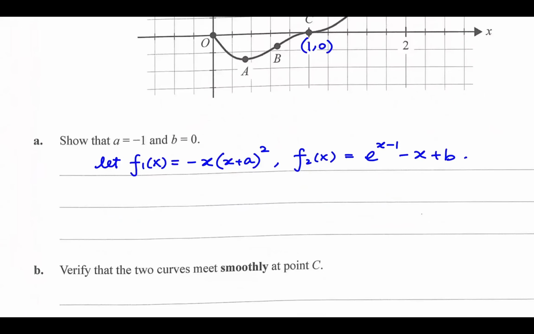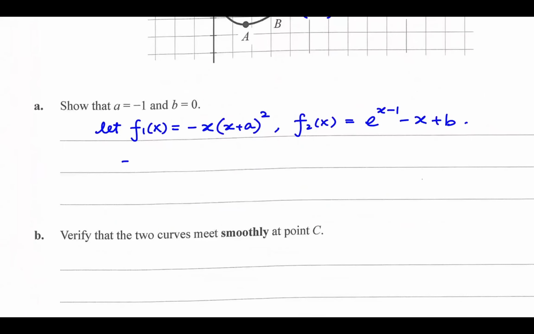So what I'm going to do is f1 of 1 equals 0. So I actually show my substitution: -1 times 1 plus a squared equals 0. And that gives me a equals -1, because this must be 0, okay? And f2 of 1 equals 0.